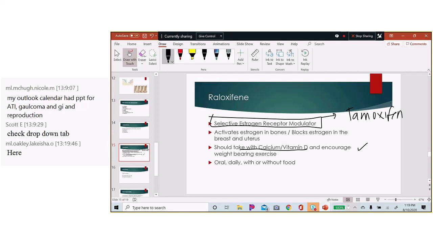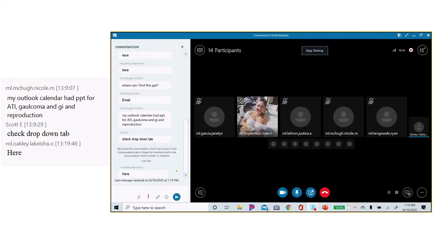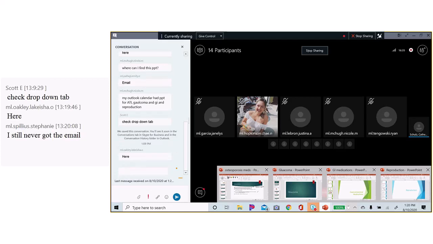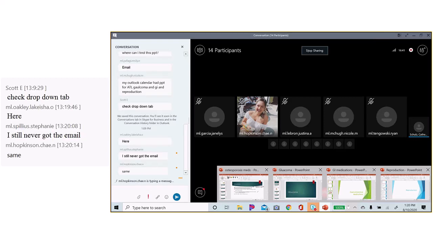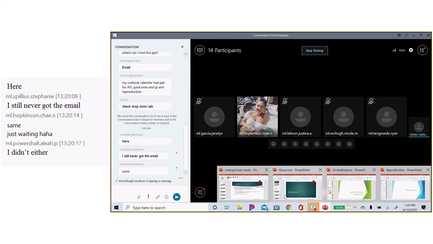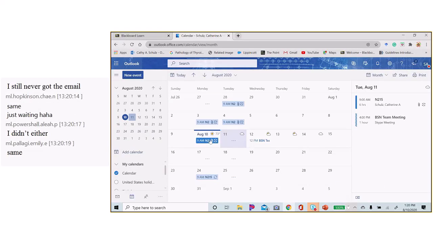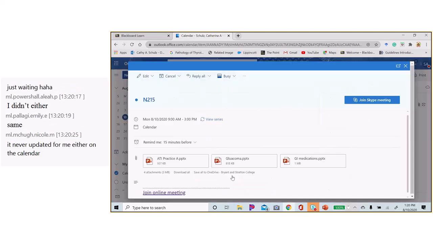So when we talked about tamoxifen, let's see here. Oh, thanks, Lakeisha. I will mark you down. Just to let you know, the original email I sent out with the PowerPoints did not have osteoporosis on it, so I sent a second one which does have osteoporosis, just in case you don't have that. Oh, it looks like Stephanie is also... Oh, maybe my computer is being slow. Unless I put it in the wrong class, which is also possible.